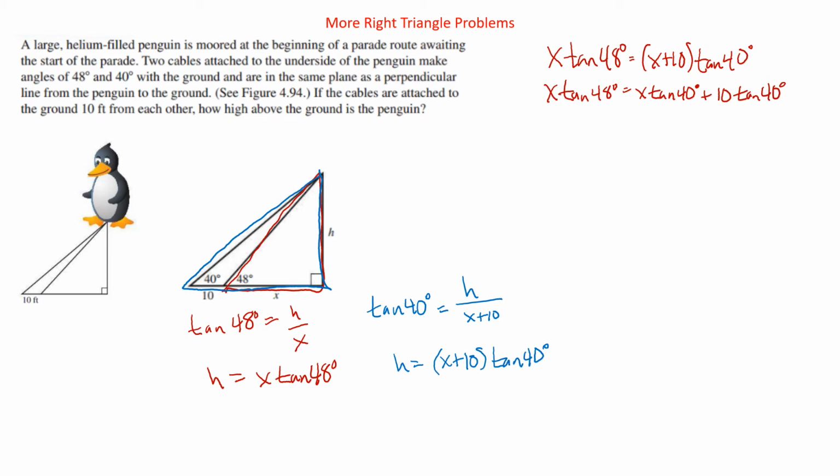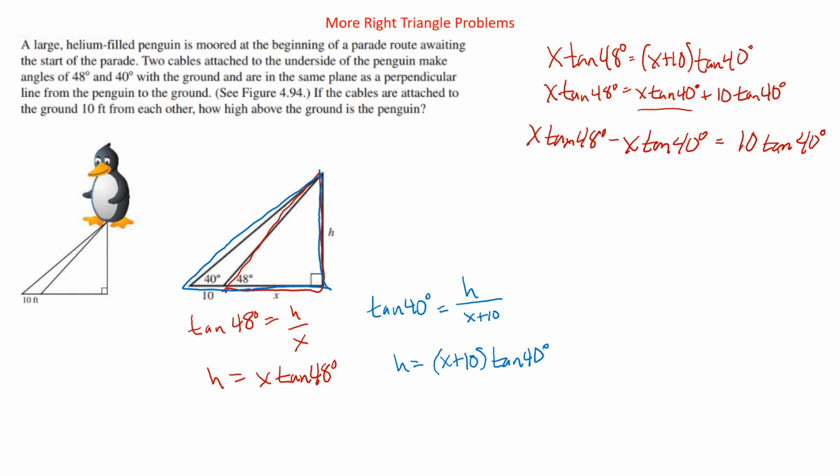We can subtract the x tangent 40. So we'll have x tangent 48 degrees minus x tangent 40 degrees equals 10 tangent of 40 degrees.